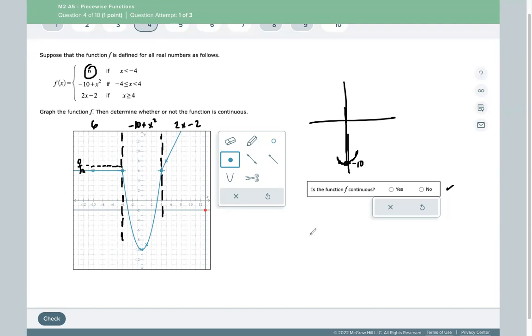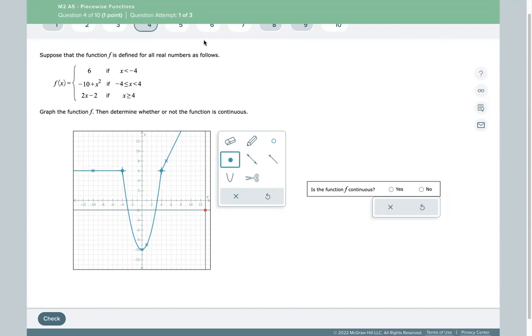A graph that wouldn't be considered continuous would look something like this, and then the parabola starting here, and let's say the other line starting here. So if you have a non-connected segment like this one, that would be a graph that won't be considered continuous.